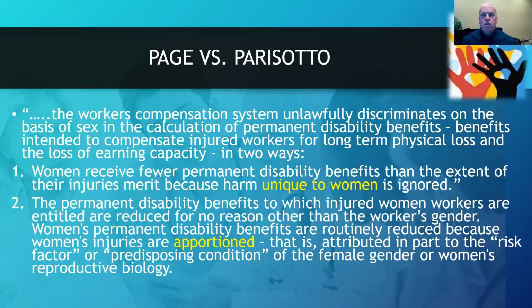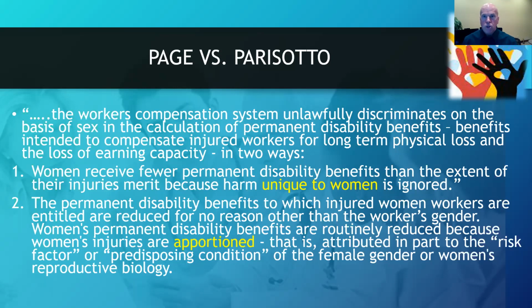So to add salt to the wounds, women argued in the Page versus Perry Soto lawsuit that, first of all, their permanent impairment ratings were too low because the ratings provided by male evaluators didn't accurately reflect their actual impairment, number one.